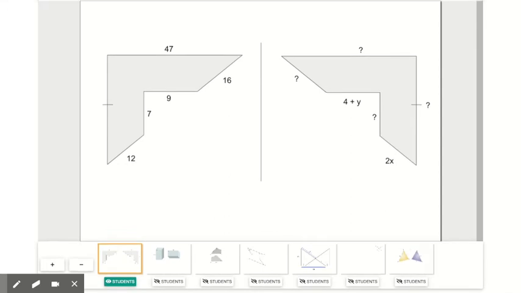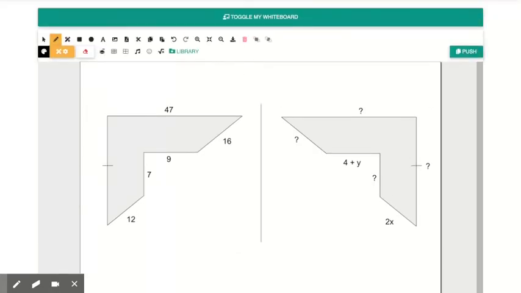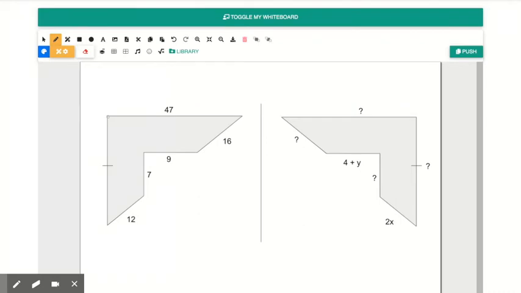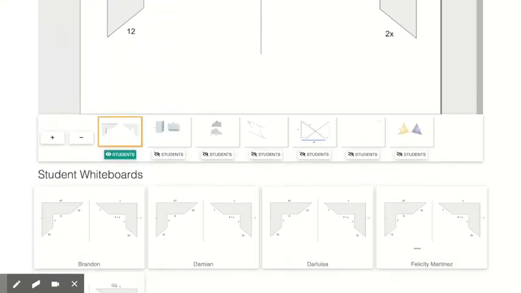For those of you who want a little hint, make sure that you're able to see my whiteboard by clicking toggle teacher whiteboard on top of your board.